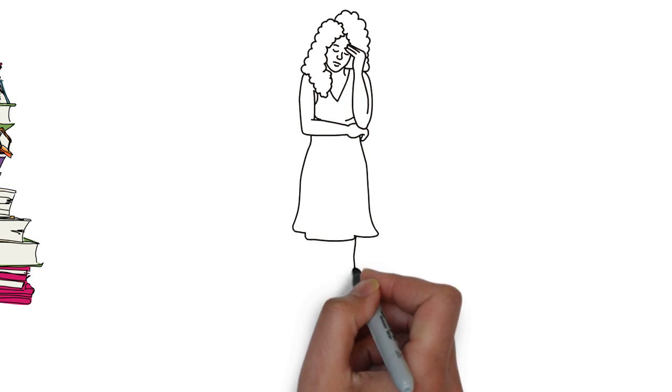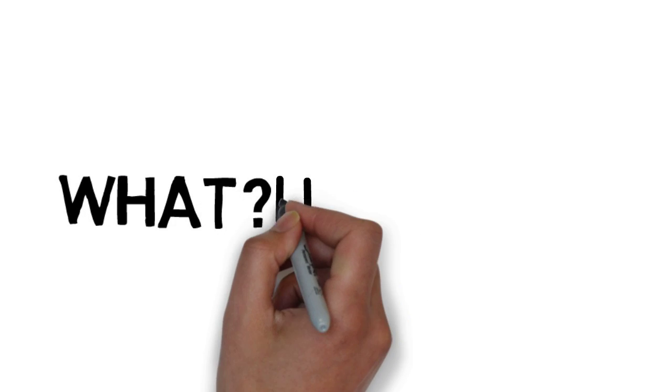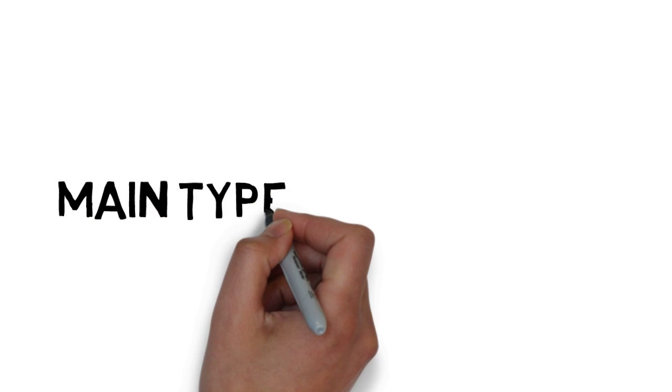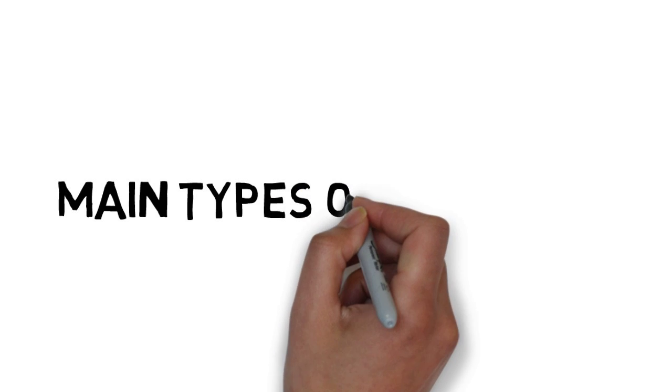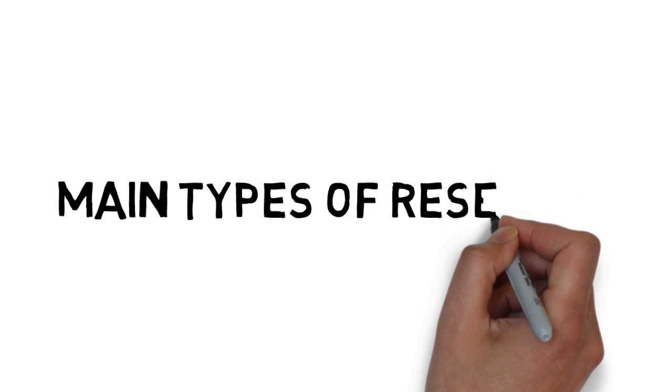Now, the question over here is that often people have three questions in their mind, which are about what, how, and why. To answer these questions, you have to look at the main types of research. There are three types of research, but I'm only going to talk about qualitative research and quantitative research, which are the most popular research types.